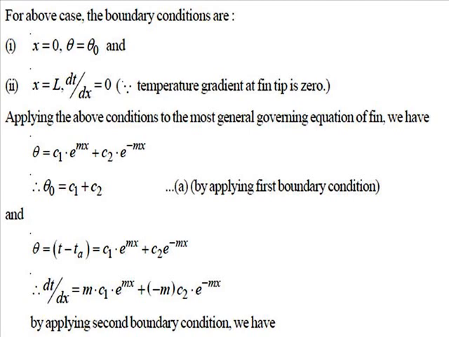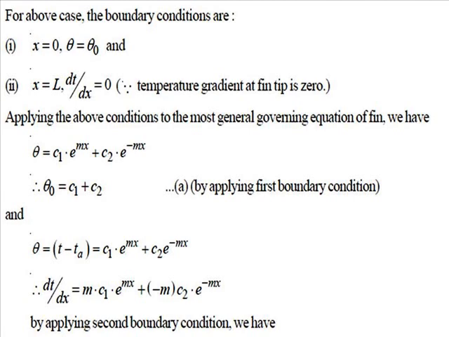Now when we want to apply the second boundary condition, first we have to find out the value of dT by dx. So we have to go to the most general equation, that is theta, that is T minus Ta, equals C1 e raised to mx plus C2 e raised to minus mx. So we have to differentiate this equation with reference to x.